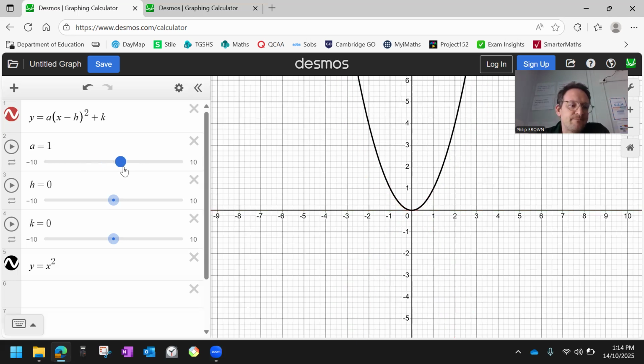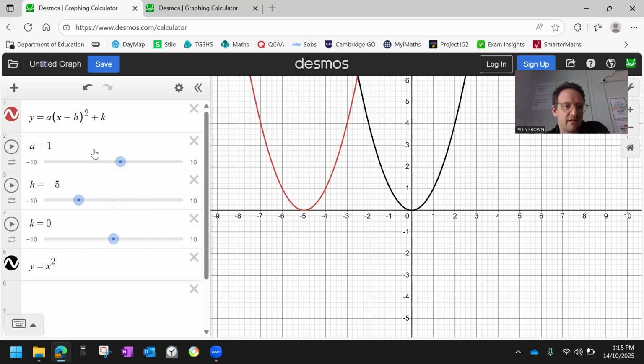Let's take it back. Okay, these values of h and k, what they do is translate the parabola into different places. This is your horizontal translation. This has moved it 2 units to the right. This is the equation y equals x minus 2 all squared. This is the translation of 2 units to the right. Okay, and as we take this over to the other side, you can say we've moved it to the left.